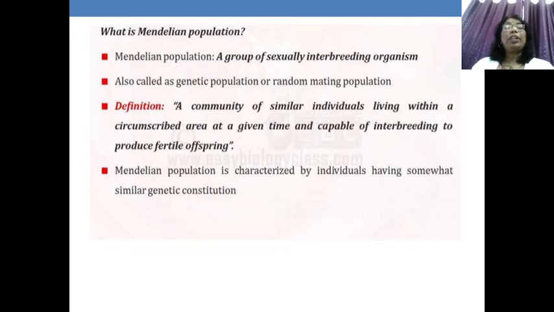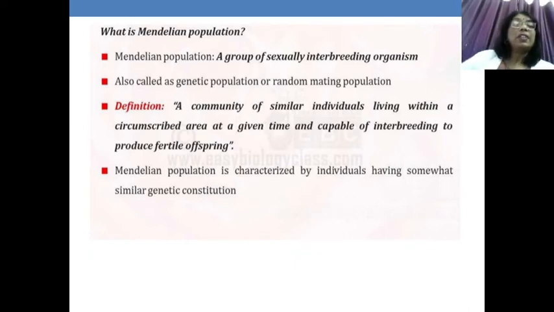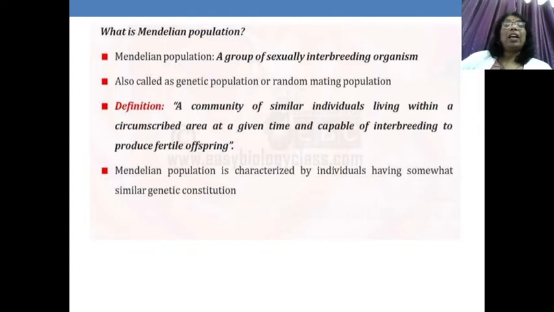A community of similar individuals living within a circumscribed area at a given time and capable of interbreeding to produce fertile offspring is termed as a Mendelian population.